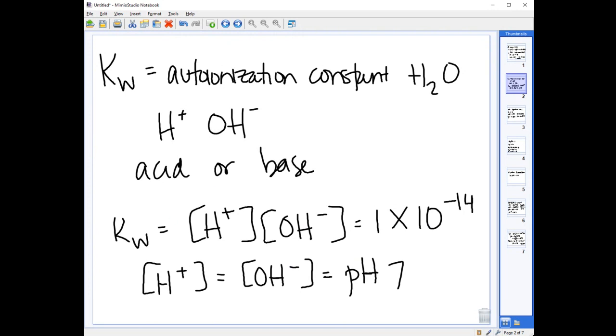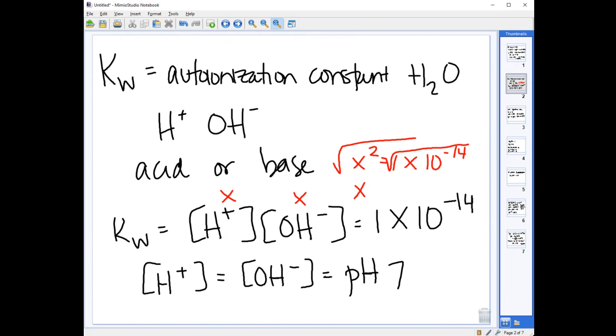Well, I know that because if these are equal, then I can assign them as a value of x. We can use x to represent them, and we only need x because they're the same. So that's the equivalent of saying x squared is equal to 1 times 10 to the negative 14. And so if I take the square root of both of those, the square root of x squared is x, which can equal either my hydrogen ion or my hydroxide ion.